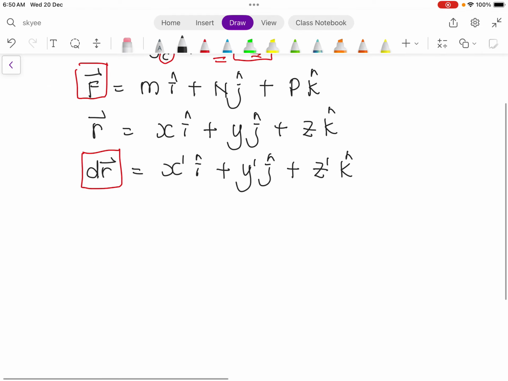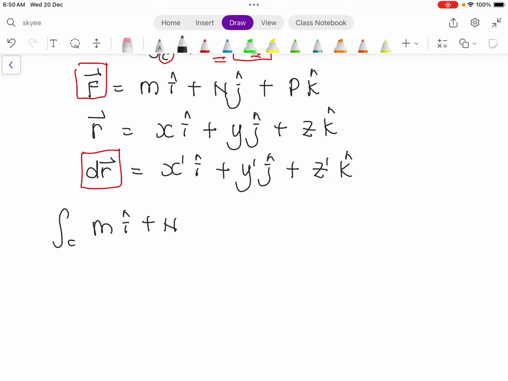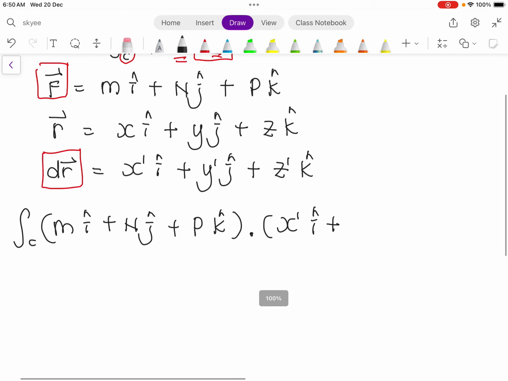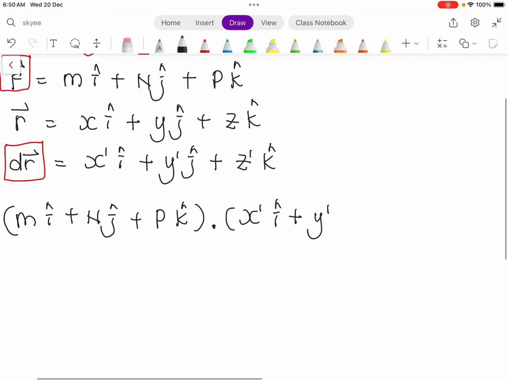So the whole line integral function will become Mi plus Nj plus Pk, dot product with x prime i plus y prime j plus z prime k.